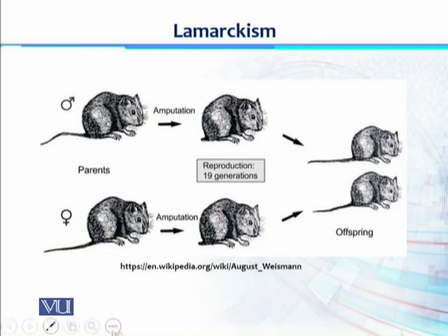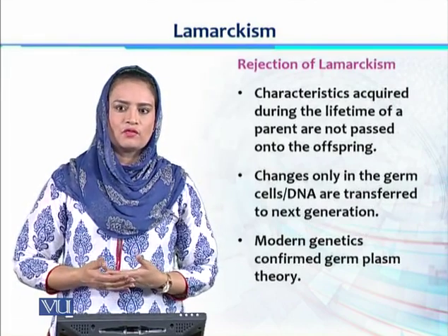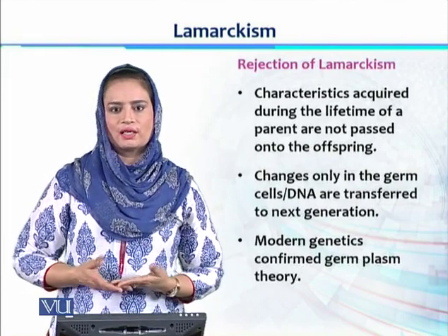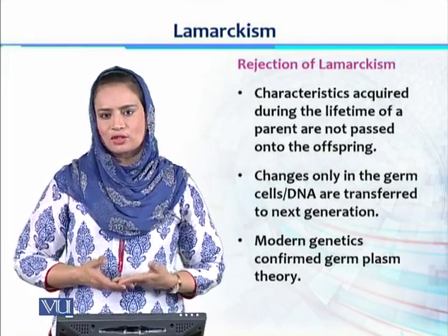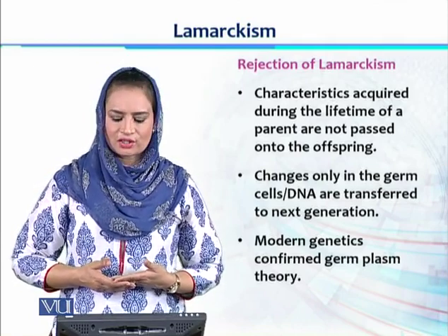So the theory of acquired characters and its inheritance was rejected. So only those variations which are occurring in DNA, which is actually the hereditary material, can be transferred to next generation.